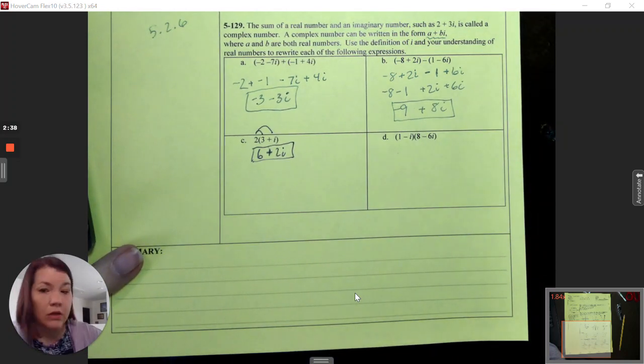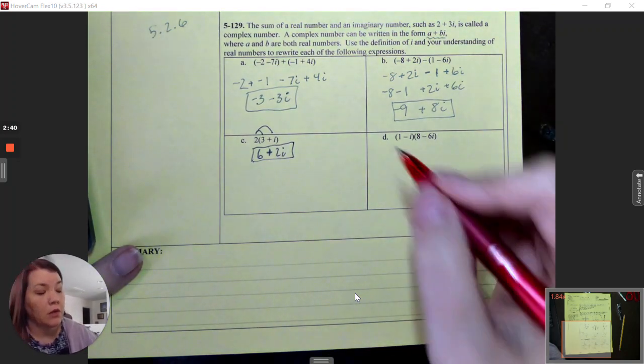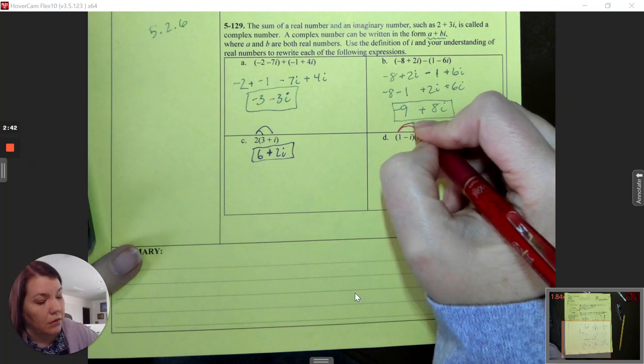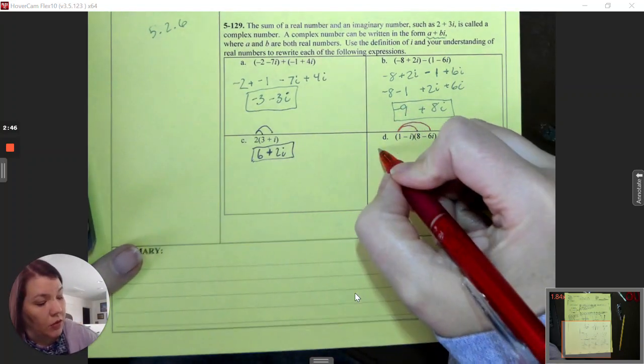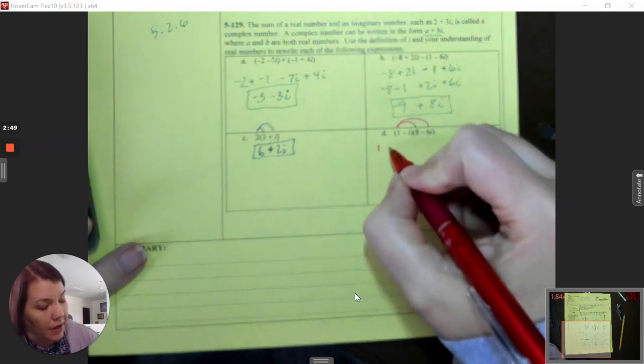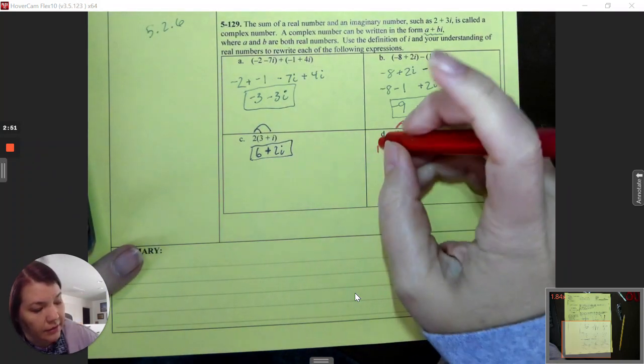But we just use what we already do. So we're going to use the double rainbows or an area model. It's up to you. I'm going to use double rainbows. So I get 1 times 8, which is 8.